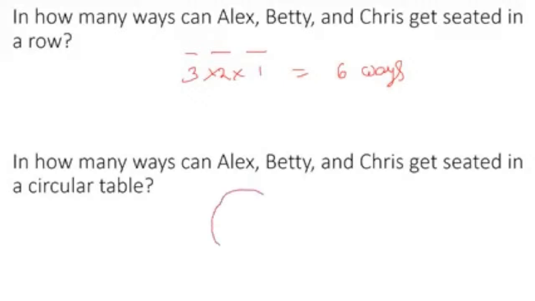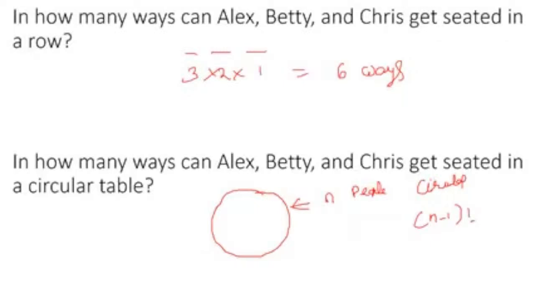Guys, remember, when I need to arrange n people in circular order, the number of ways of arranging is (n minus 1) factorial ways.